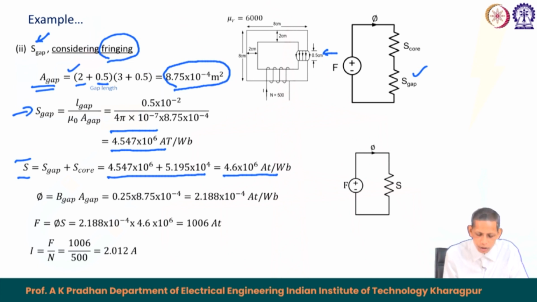One observation here: if you see these corresponding things, the S gap part, the air gap part, happens to be of the order of 10 to the power 6, 4 into 10 to the power 6, whereas the core part happens to be of the order of 10 to the power 4.